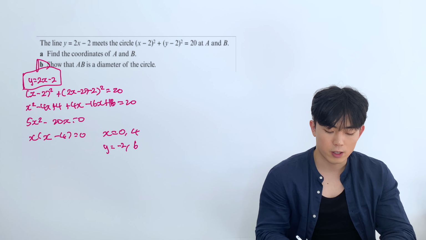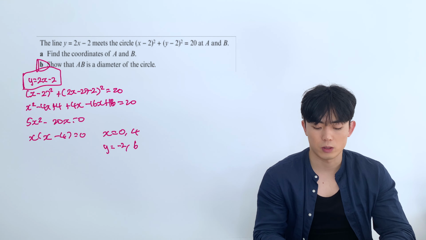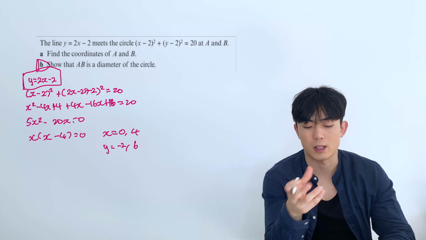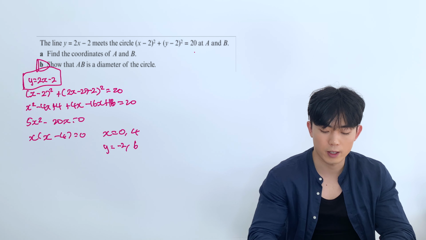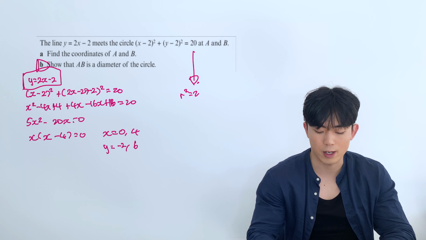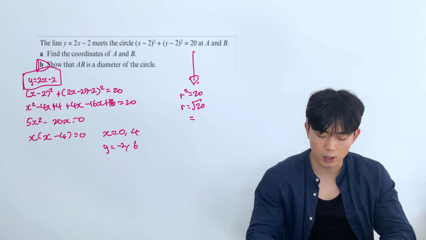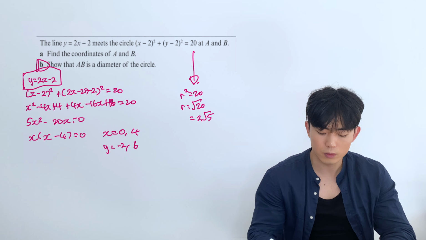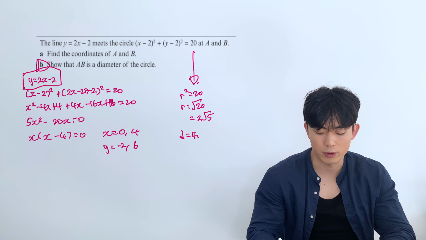In part b, they're asking us to show that AB is the diameter of the circle. Diameter means twice the radius, right? Looking from here, the radius squared is 20, so the radius is the square root of 20, which is equal to 2 root 5. Therefore the diameter is going to be 4 root 5.